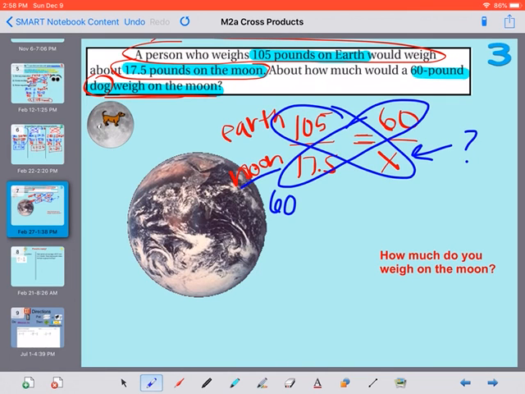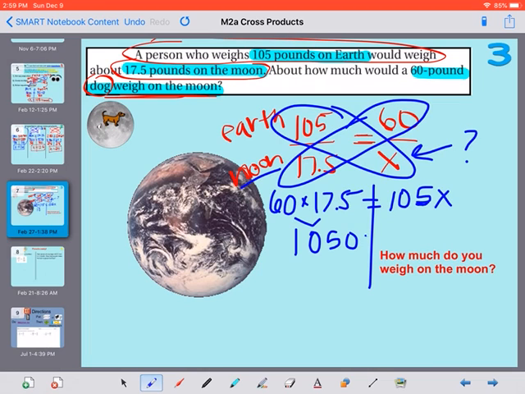So we have 60 multiplied by 17.5, equal to 105 times x. I'm going to use my calculator to multiply 60 by 17.5, which gives me 1,050.